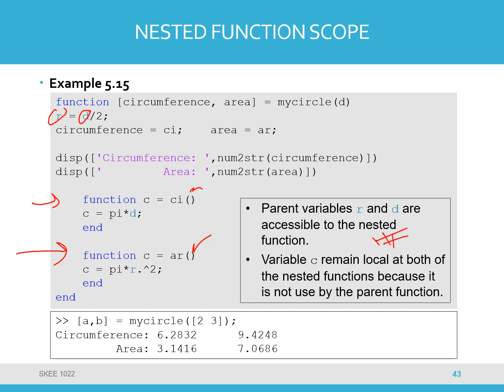The function is unique. Basically, if you already use R here, you cannot use R in here for a different thing, because they share the same workspace, the place where the data is saved. But the output is unique. You see here C and C.